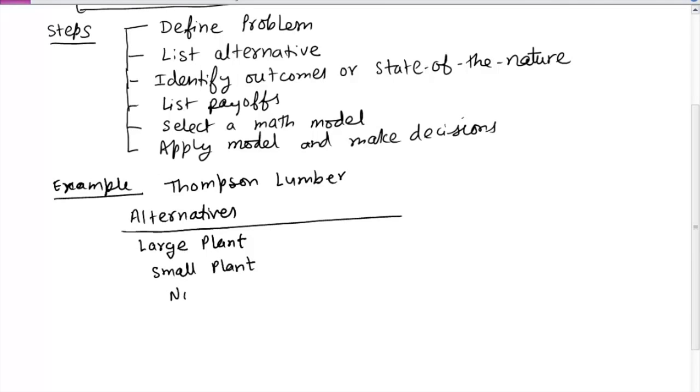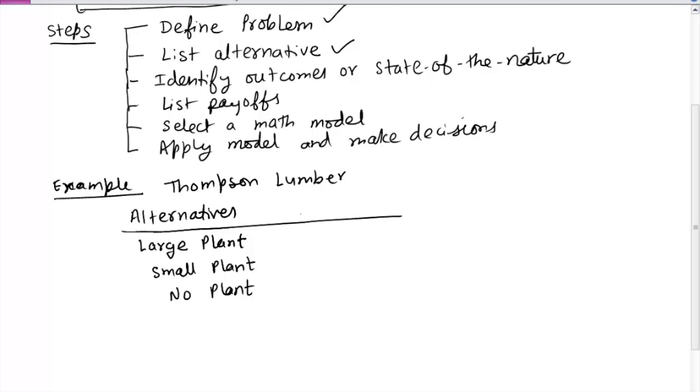So the third alternative is no plant. So the first step was define problem. So basically the problem is to reach more customers with a new product, and they have listed three alternatives: large plant, small plant, and no plant.